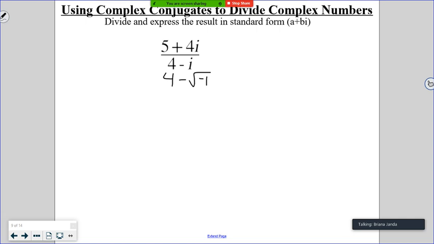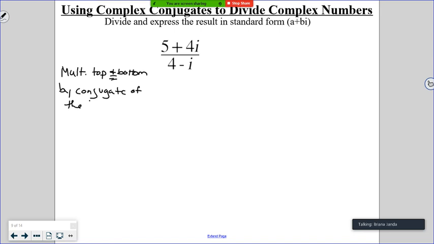So, again, I would not write it as the square root of -1, but here's how we're going to go about cleaning this up so that I don't have any i's left, because if I just multiply by i, we're still going to have an i there. We will multiply top and bottom by the conjugate of the bottom, because that's ultimately what I'm trying to get the i out of.